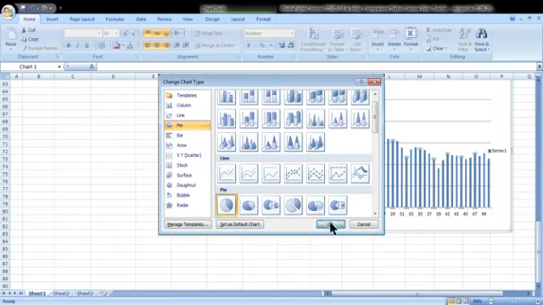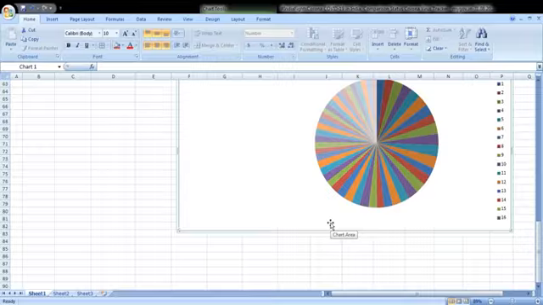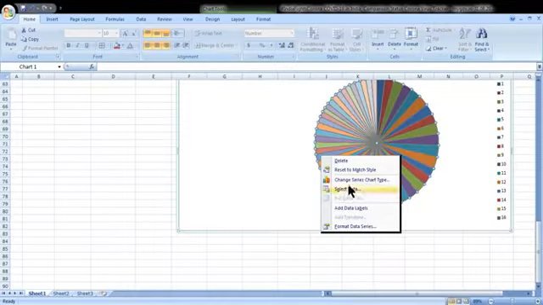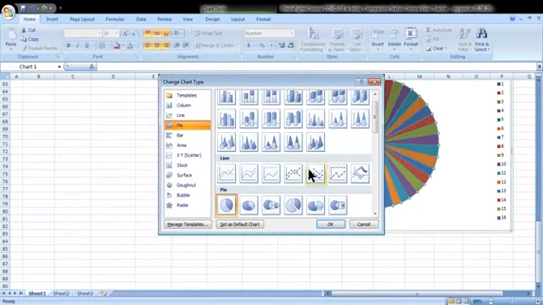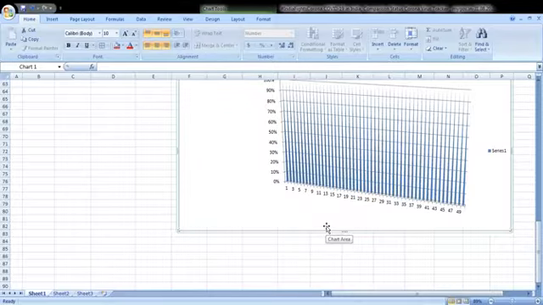Then you can see the pie chart here as well. So I'm trying to show you every point. And if I take a different one, you can see it like this. So let's go back to the original one.